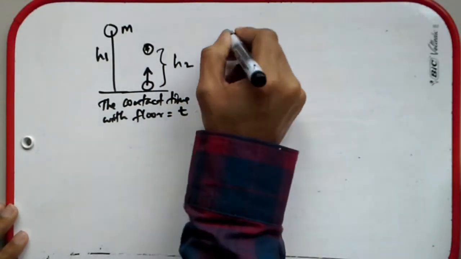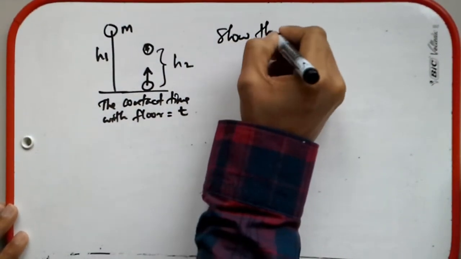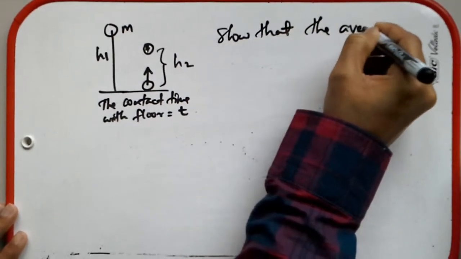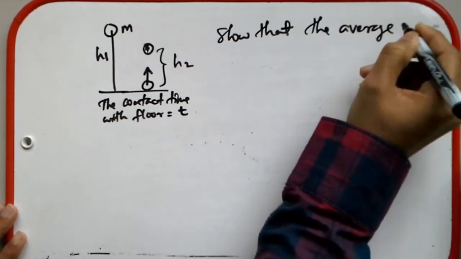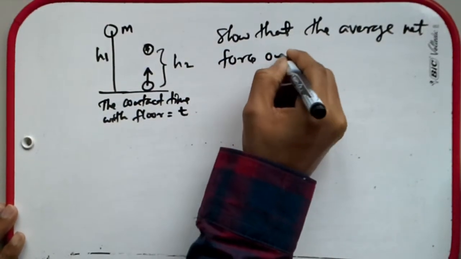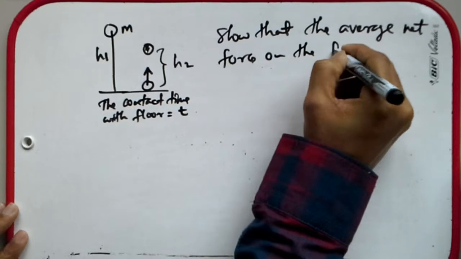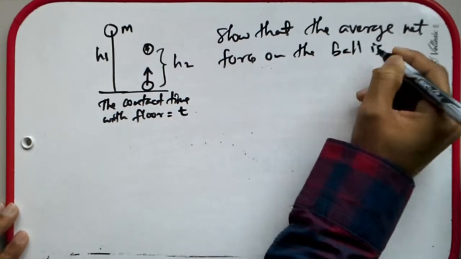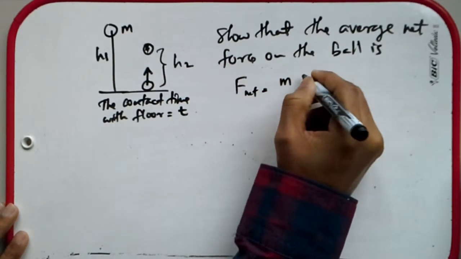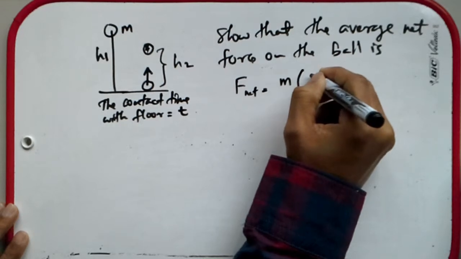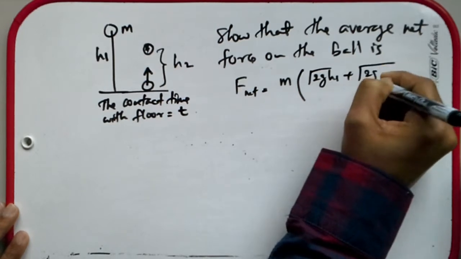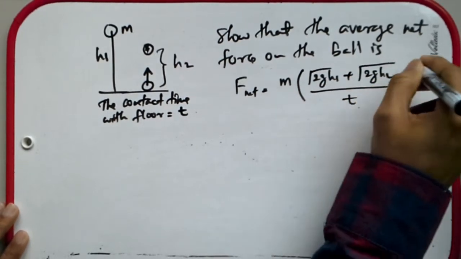The question is show that the average net force on the ball is F net, n times square root of 2g h1 plus square root of 2g h2 divided by t.